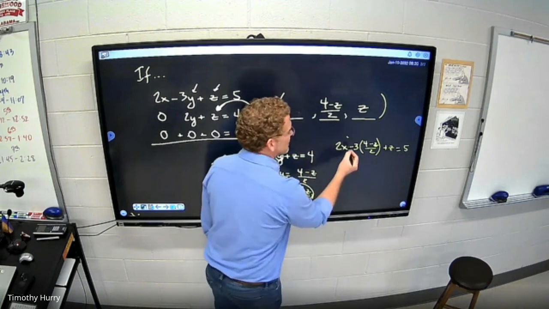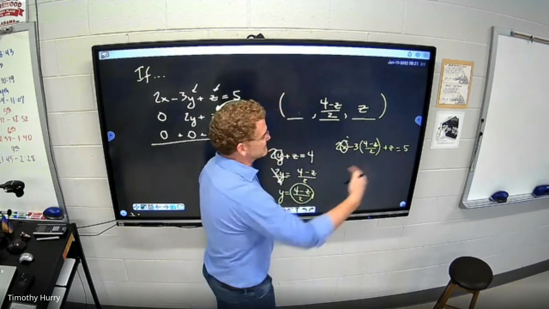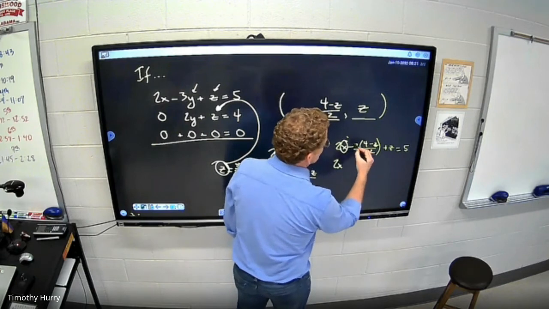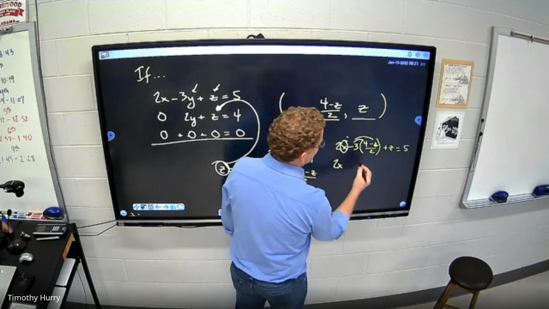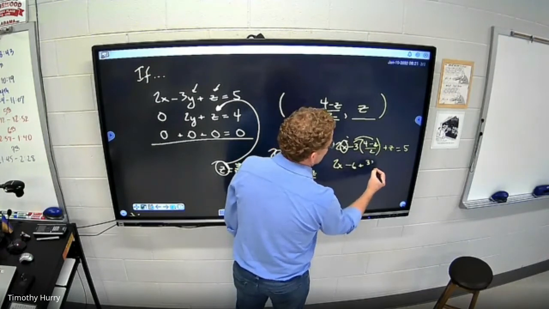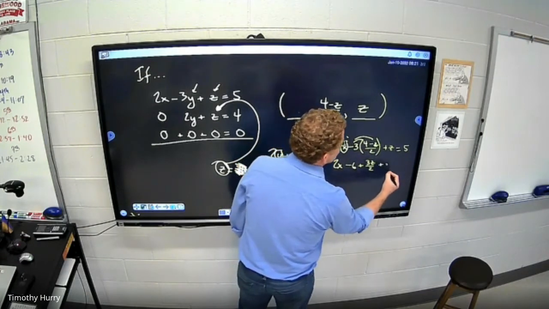And you're going to solve for X in terms of Z. So here, distributing that in, this gives you minus 12 halves, positive 3z over 2, plus z equals 5.